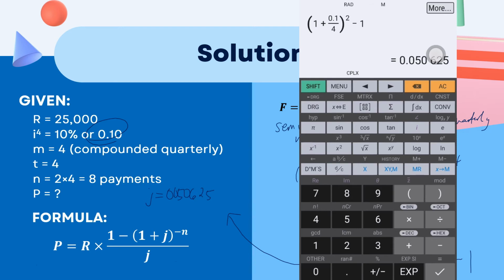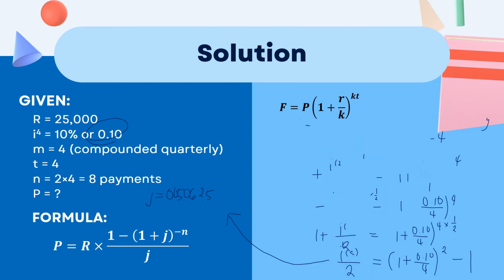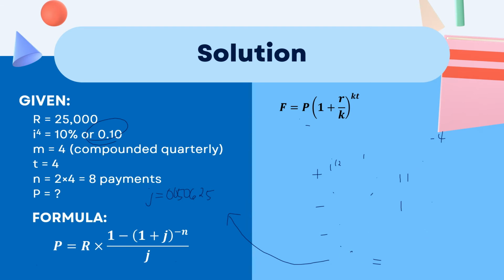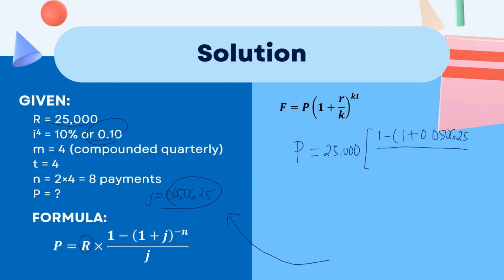Then, pwede na po tayo mag-substitute sa ating formula. Burahin lang po natin para meron tayong space. So, P now is equal to, ang R po natin is 25,000 multiply lang po natin 1 minus 1 plus, ang J po natin, 0.050625 raised to negative n.